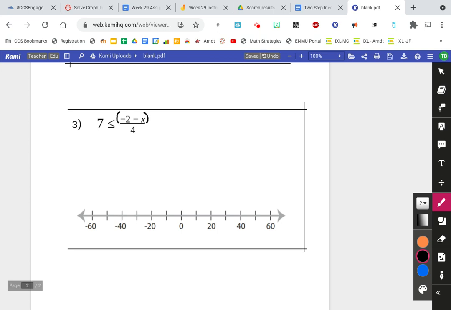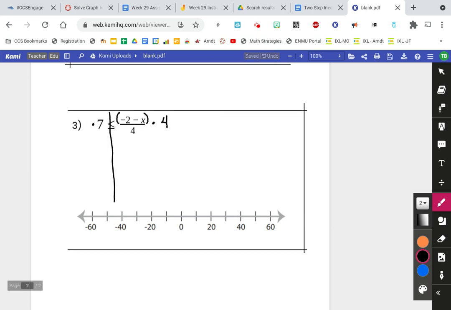And right now, all that stuff up top is being divided by 4. We really need to get rid of that division to make our life simpler. So what we're going to do is multiply this side by 4. And that's okay so long as what we do to one side, we do to the other.